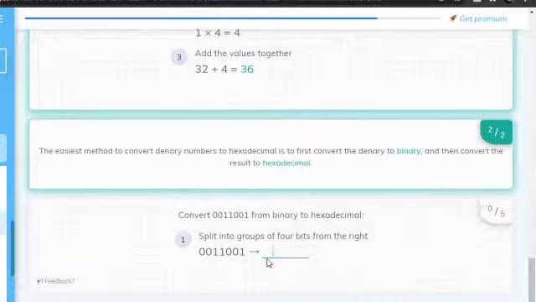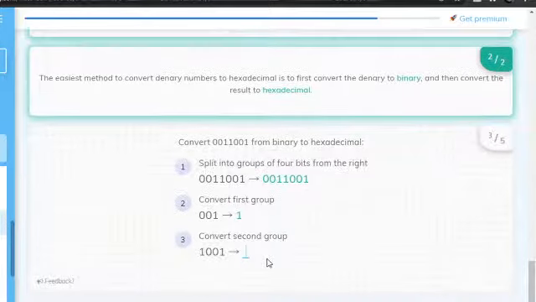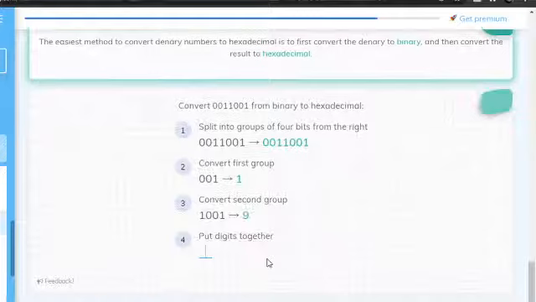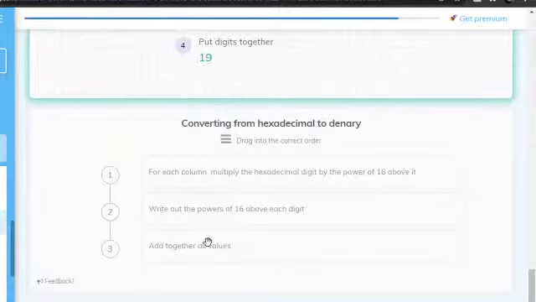So that is split into groups of 4. Simple. So convert the first group, which is that. So that would be 1. Convert the next group, 8, 9. So 19. Simple. Converting from hexadecimal to denary. So first of all, for each column, multiply the hexadecimal digit by the power of 16 above it.